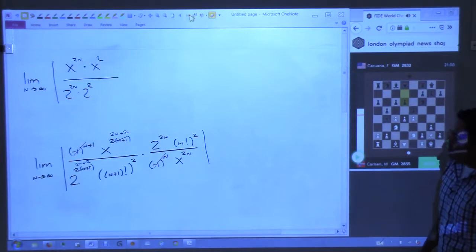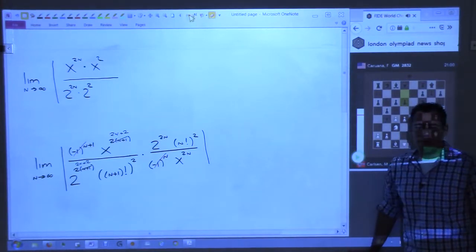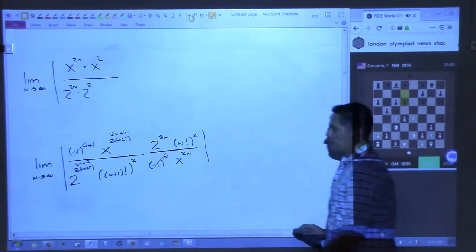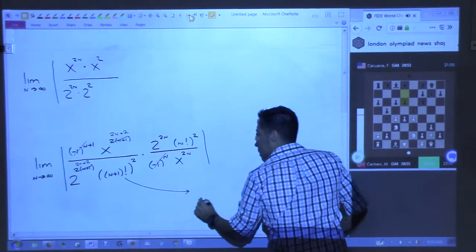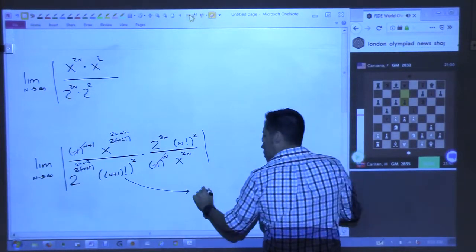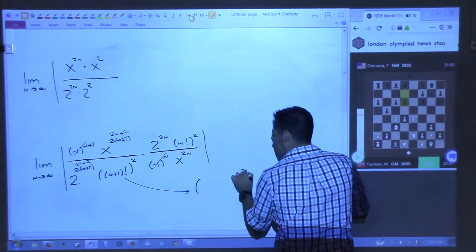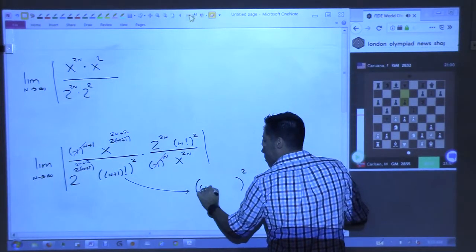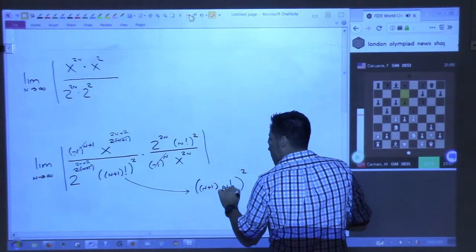Okay, so that's that. Now, n plus 1 factorial squared. I'm going to want that to cancel with that somehow, right? Remember, we have something squared here. N plus 1 factorial is the same as n plus 1 times n factorial, right?